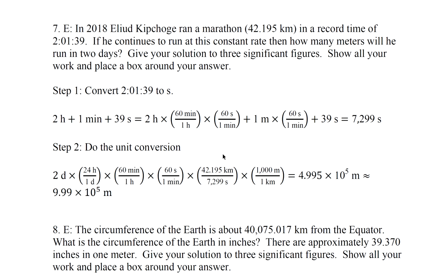We have distance equaling time. And there's 1,000 meters in 1 kilometer. So if he ran at that same rate over 2 days, he's going to run about 4.995 times 10 to the 5 meters.